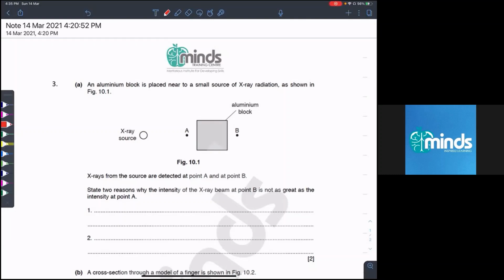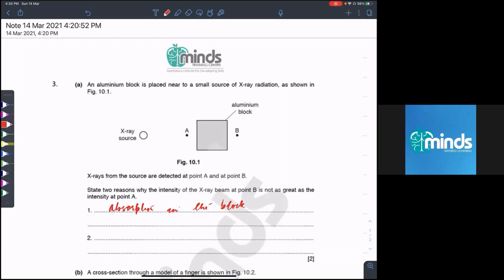So what we used to do was put aluminum plates in front of the window from where X-rays are emitting so that we can absorb the soft X-ray radiations. So the aluminum block has a tendency to absorb radiation. So one is absorption in the block, because of which the intensity at A is more and the intensity at B is less.